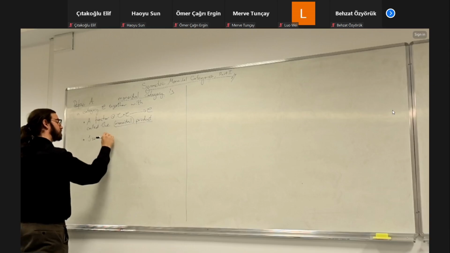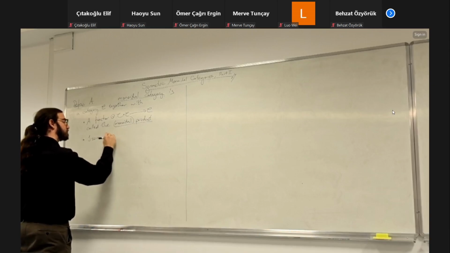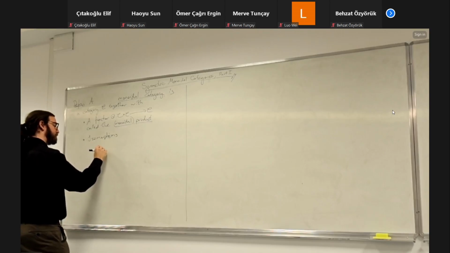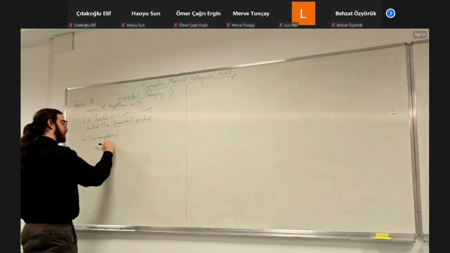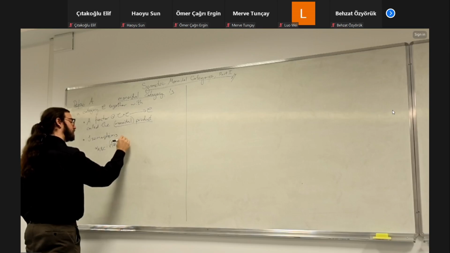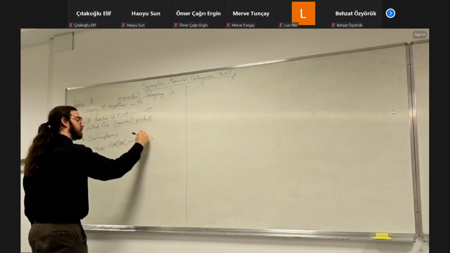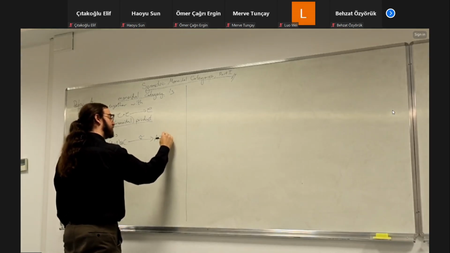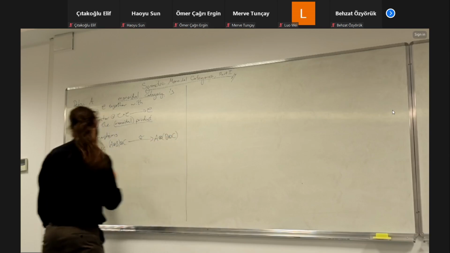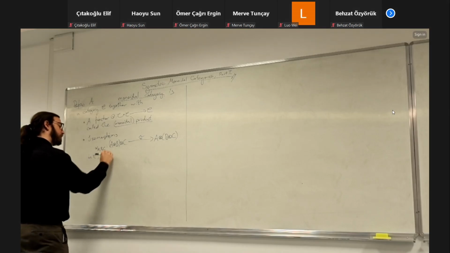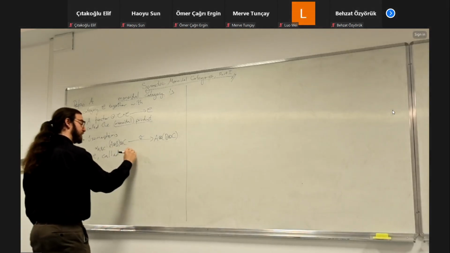Isomorphisms alpha A, B, C from A tensor B, tensor C, to A tensor B tensor C in C, called associators.